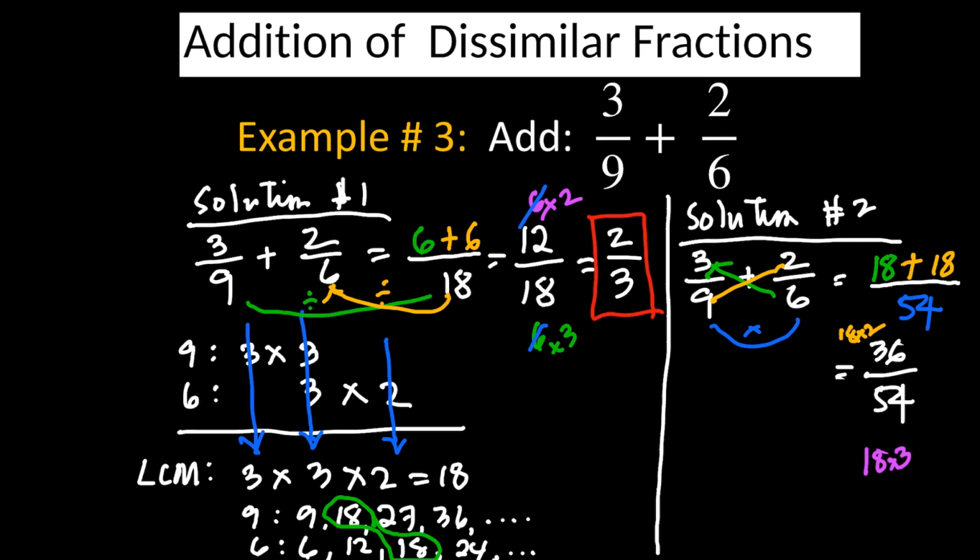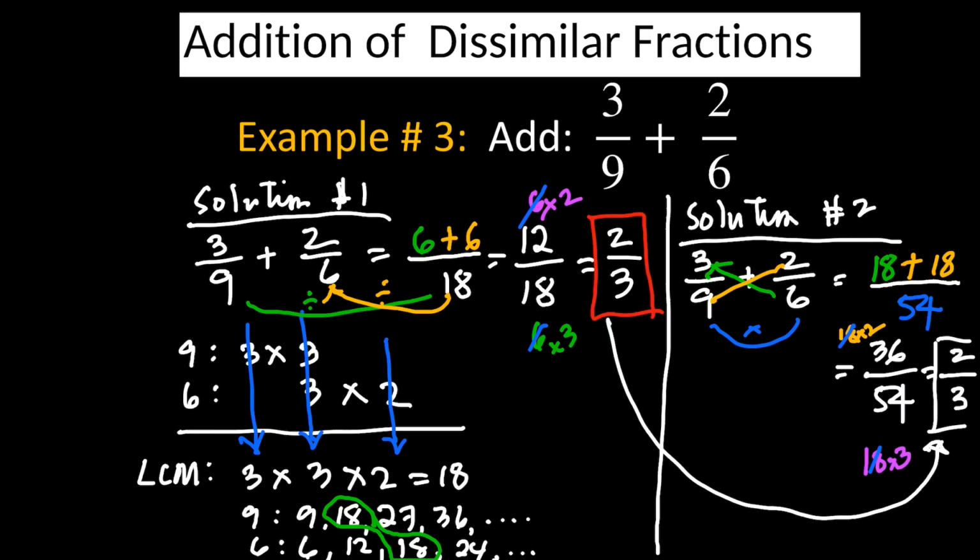So if we remove the common factors, or the greatest common factor, which is 18, what is left in the numerator is 2, while in the denominator is 3. So the answer is 2/3. And as we notice, they are exactly the same.